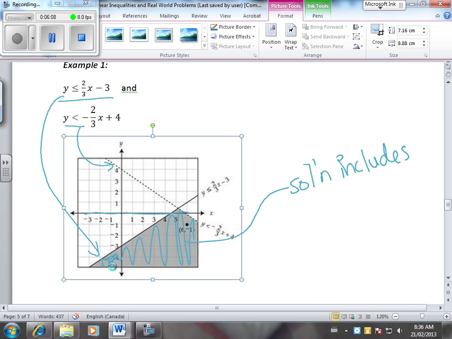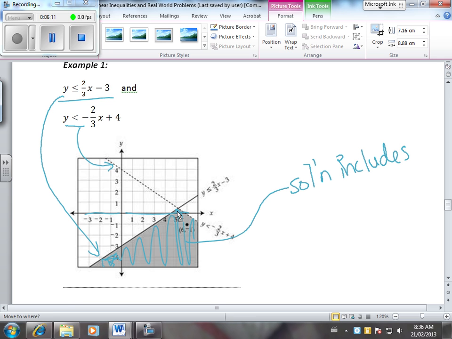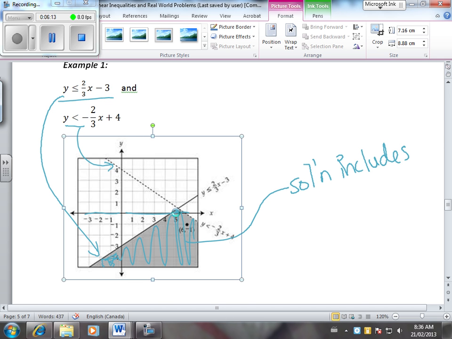And if I look at the y, there are just a few positive values of y and lots of negative values of y. So our solution includes positive and negative values of x and y.